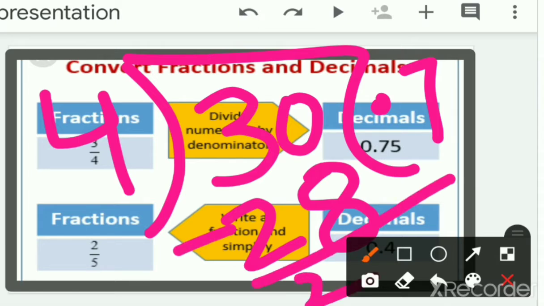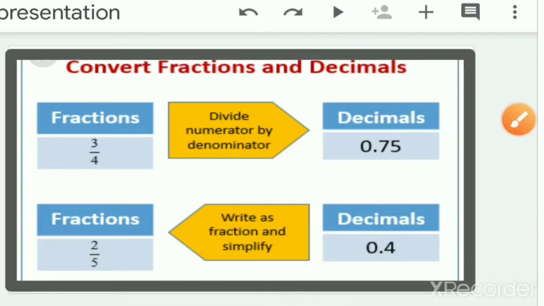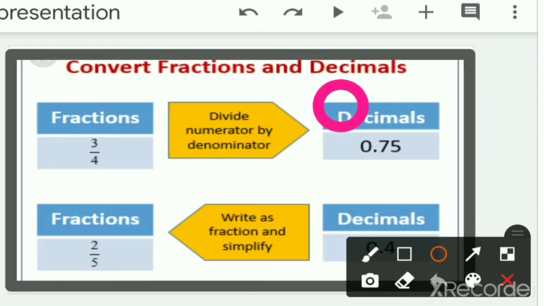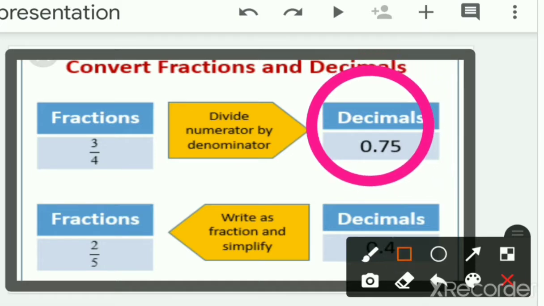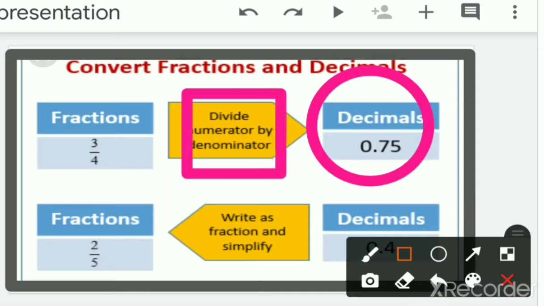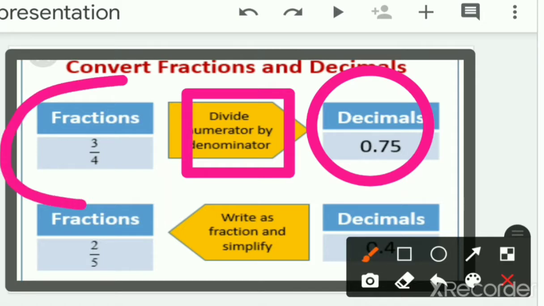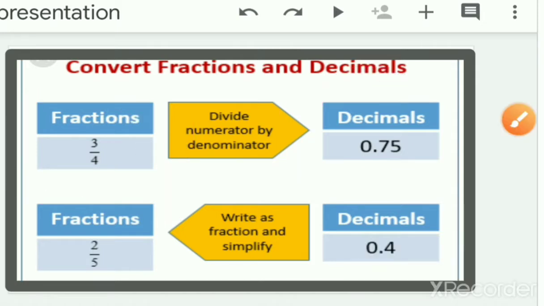As you have already put the point, what will come here? 0. So 4 5s are 20. So we have our answer, 0.75.